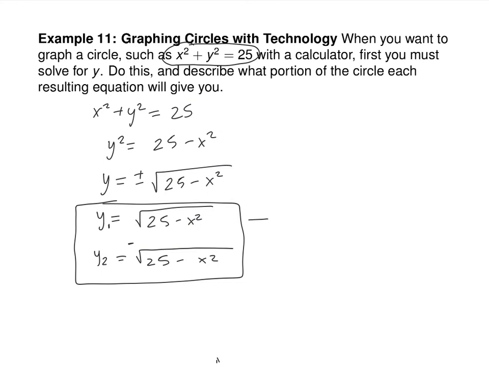That first equation is going to give you the top half of the circle. What's the second equation going to give you, you think? The bottom half. The negative sign means all the y's are negative. And then together, they'll make your whole circle.